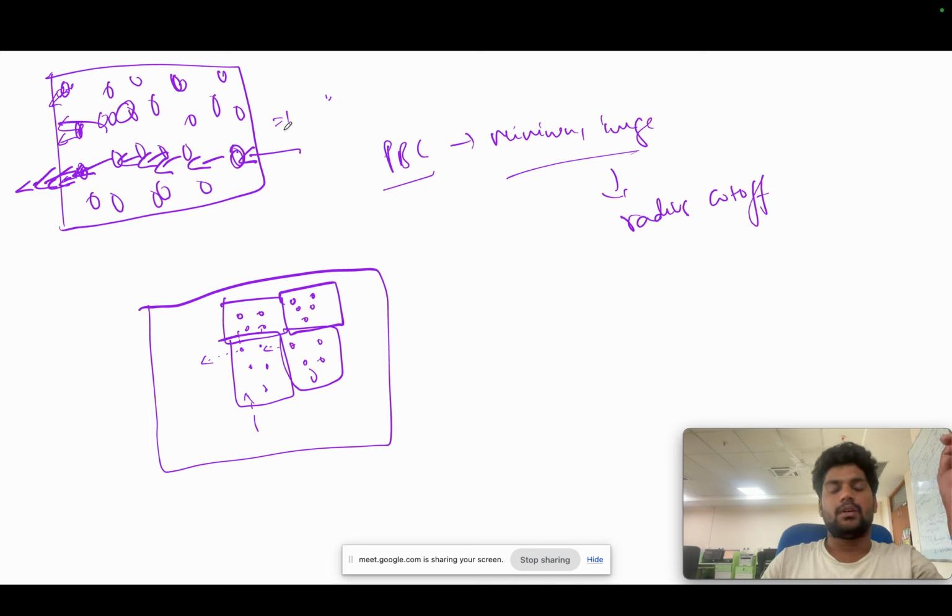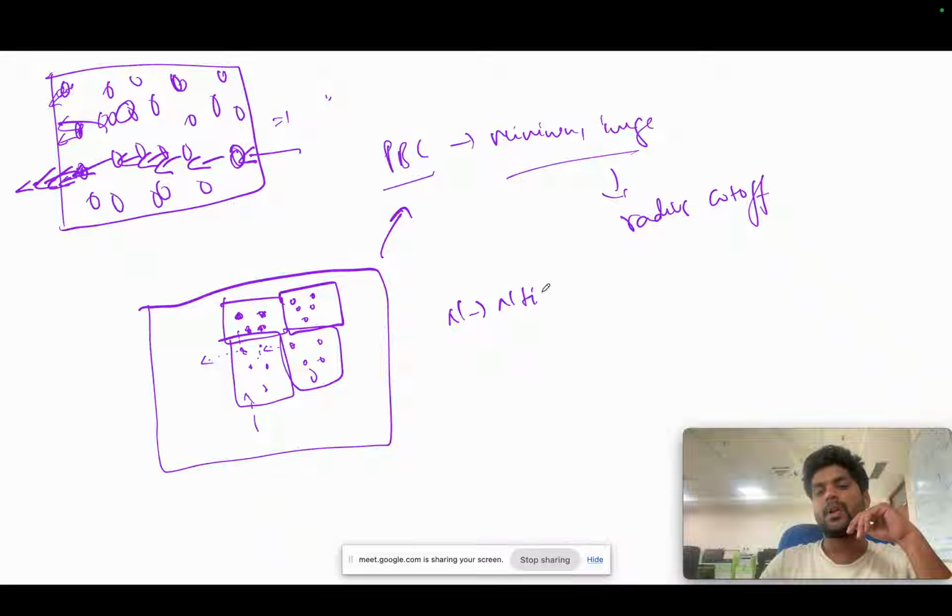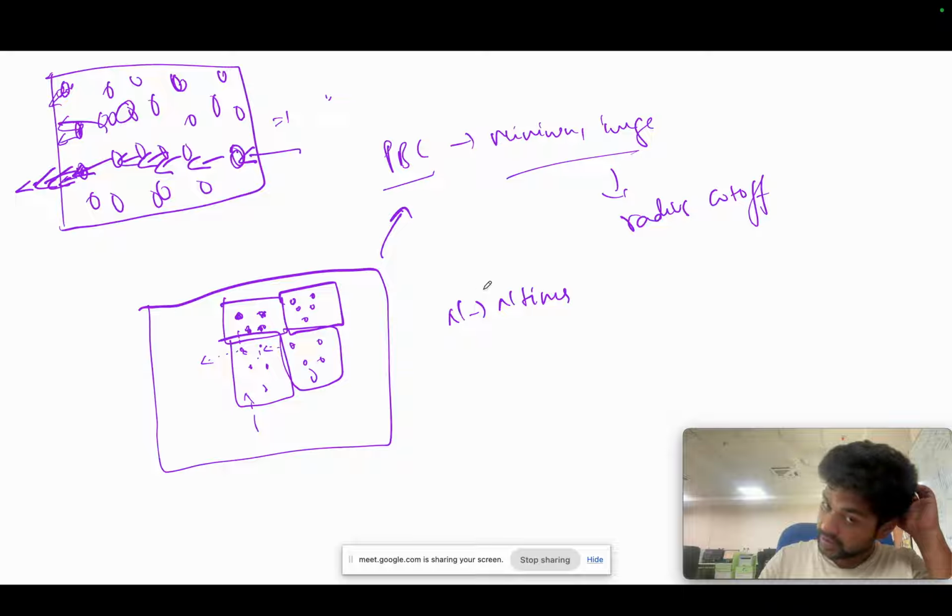But the basic disadvantage of the PBC condition is that we are calculating n number of values. We calculate for this molecule, this molecule, and this molecule, so it's like calculating for n molecules n times, in all three XYZ directions.